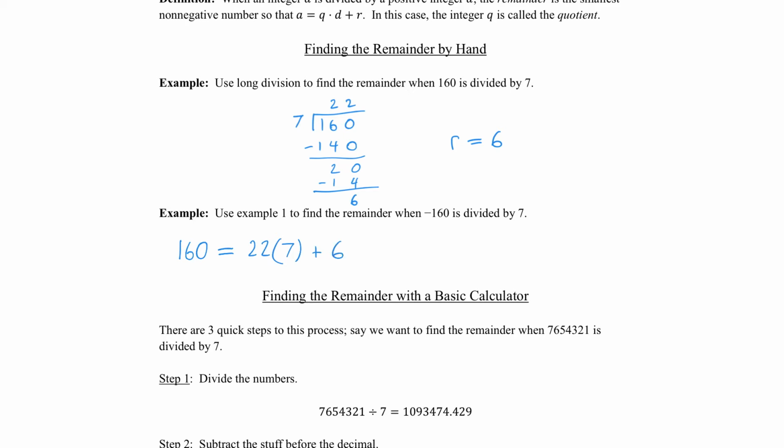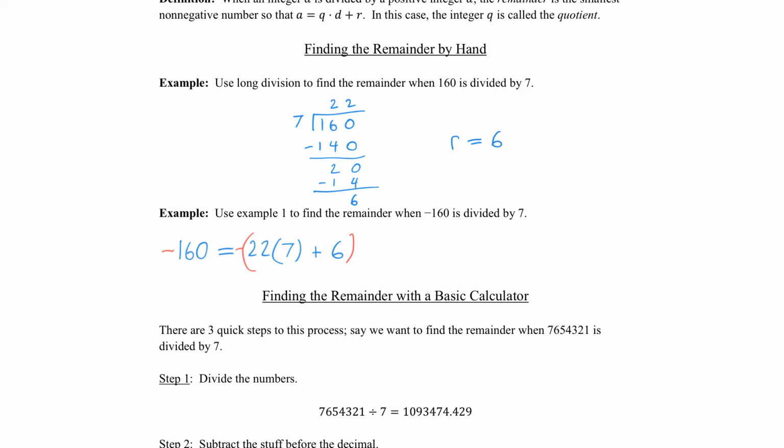So what if we were to do the same thing, but with negative 160? So I'm going to take that equation and multiply both sides by negative 1, or just a negative sign. So you notice that we had to do a negative multiplied to all of both sides. So we really did need these brackets here.